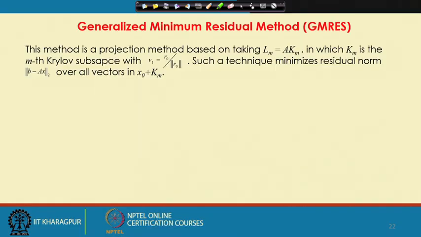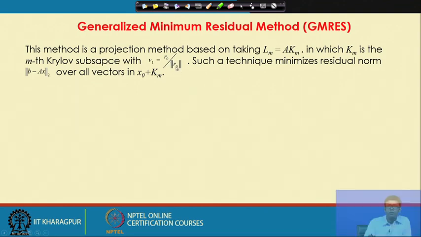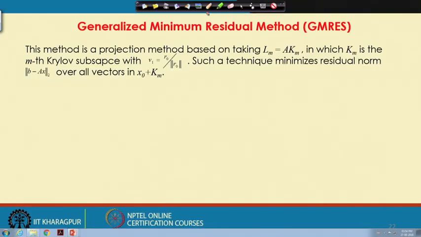So, starting with v1 equal to r0 by norm r0, we will find one basis for Km, and later we will find the other orthonormal basis vectors for Km, and then we will get Lm equal to A Km and propose a general projection method, and this method is called the generalized minimum residual method or GMRES. This technique minimizes the residual norm of b minus A x over all vectors in x0 plus Km.